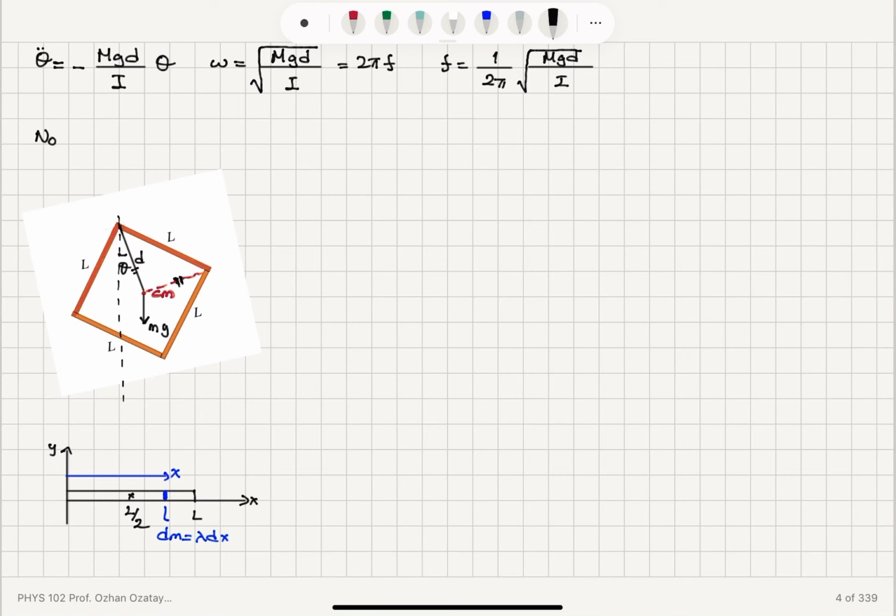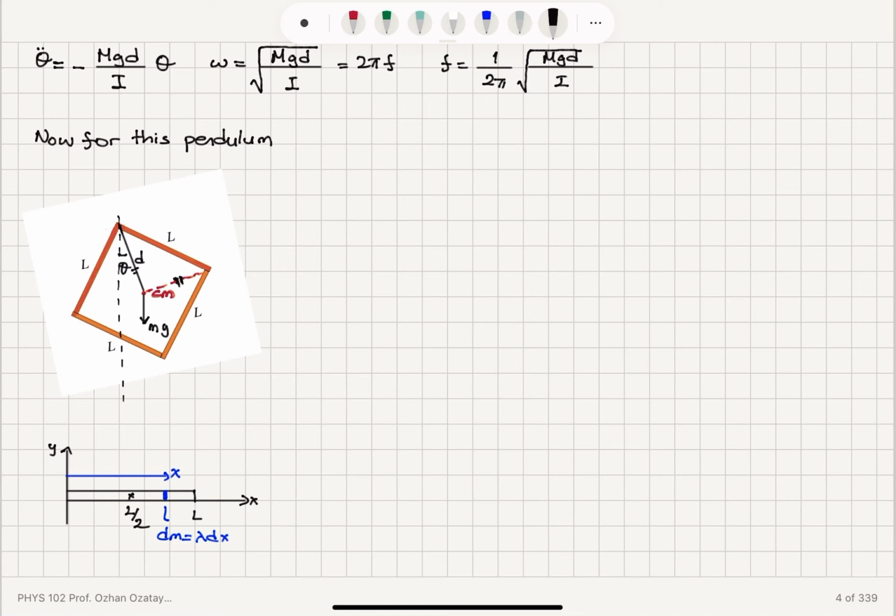So now for this pendulum, we need to know what the moment of inertia is and what the distance from the pivot to the center of mass is.